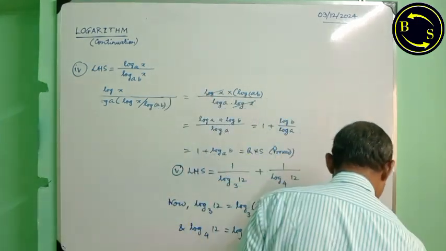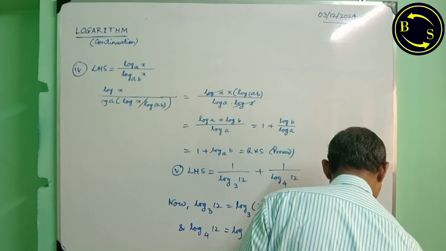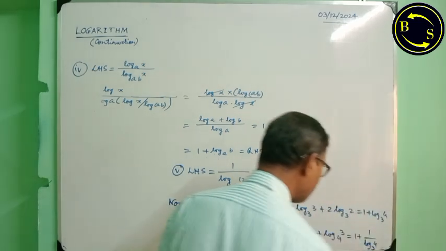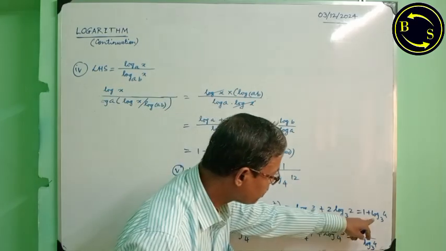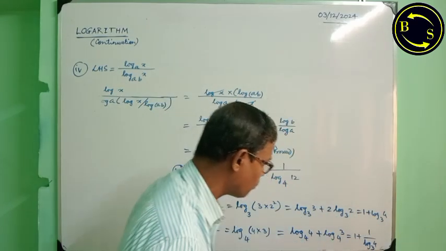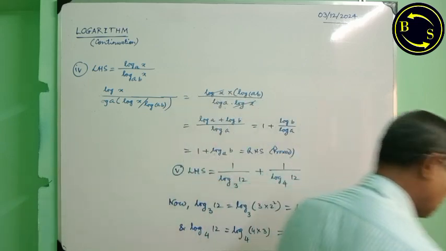We can write that as 1 by log of 4 to the base 3. As there is log of 4 to the base 3, I have written this in this form using the base changing formula.